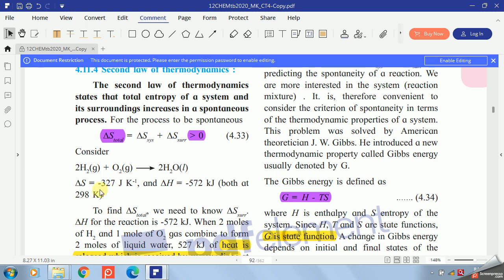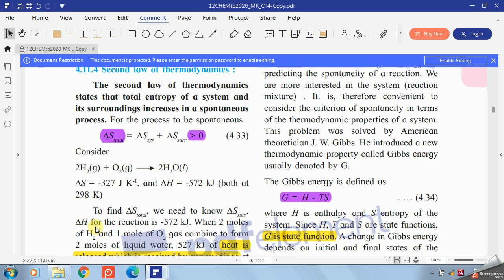This value, minus 327 joule per Kelvin, is the entropy of the system only, but we don't know the change in entropy of the surrounding. But from the value of the heat of reaction, we can calculate it.